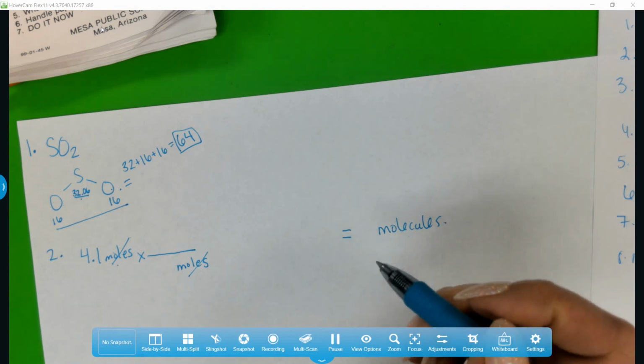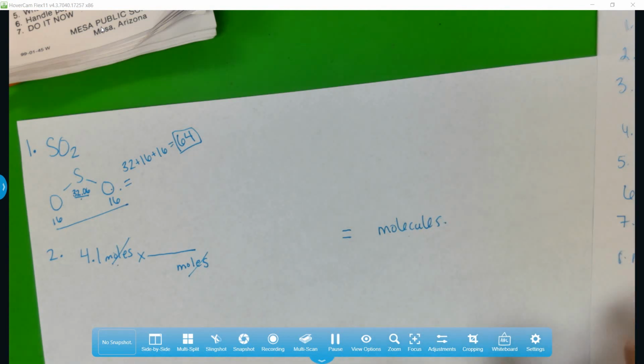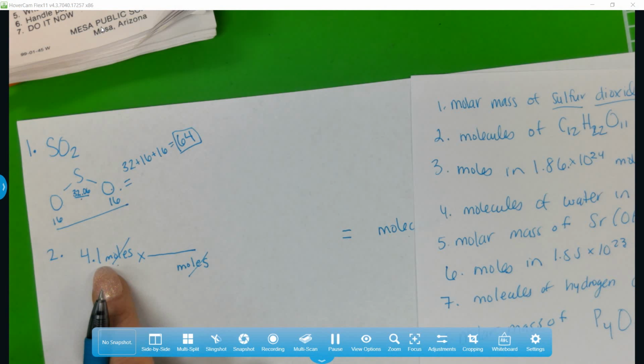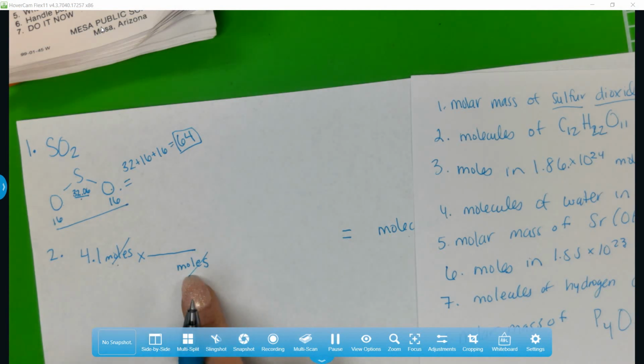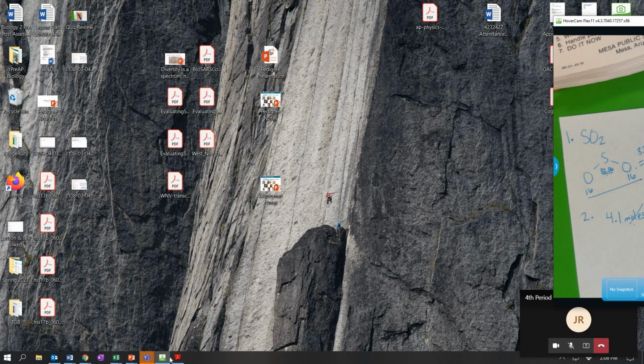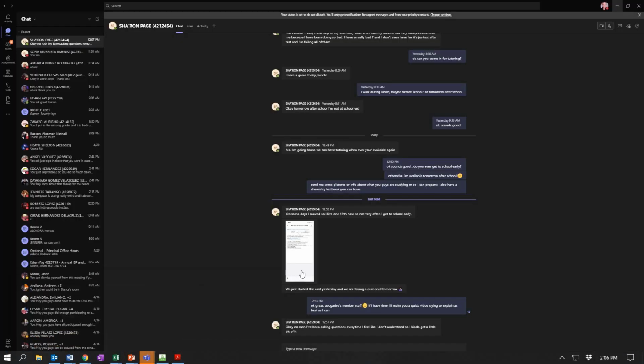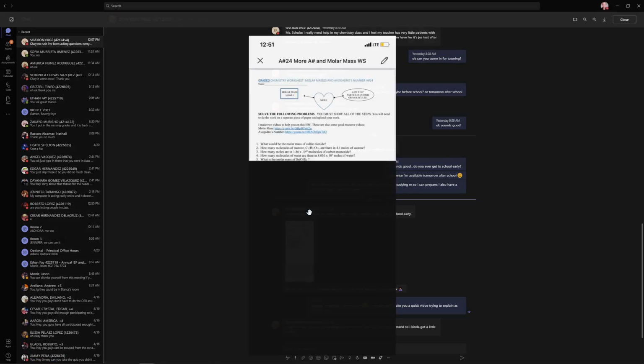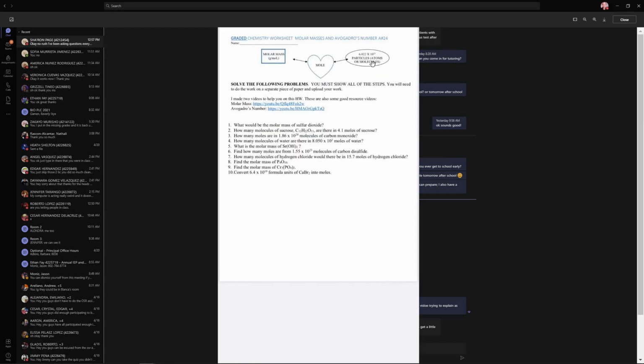So if I start with 4 moles or 4.1 moles of sucrose and I need to know the number of molecules, well, I believe that's Avogadro's number. So I believe that it tells you that at the top of the assignment where it says this is the number of molecules in a mole.